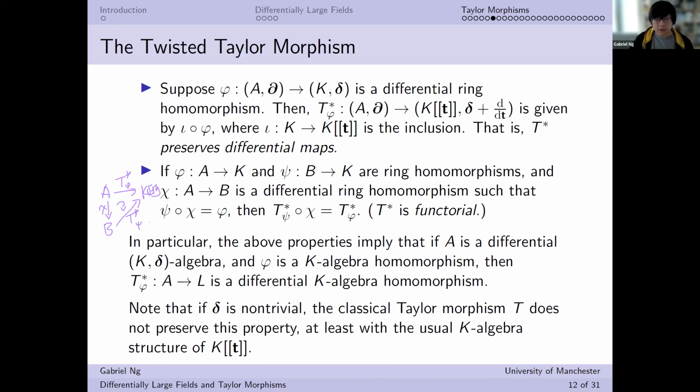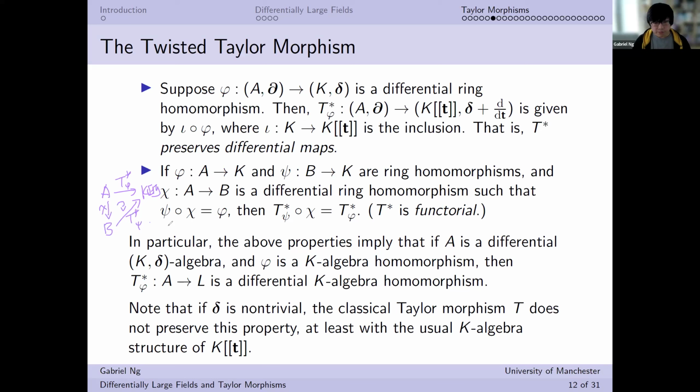I say it's functorial because this is equivalent to being a functor between some category, which you can probably imagine. I won't explain exactly what it is, but it's not difficult to cook up something like this.